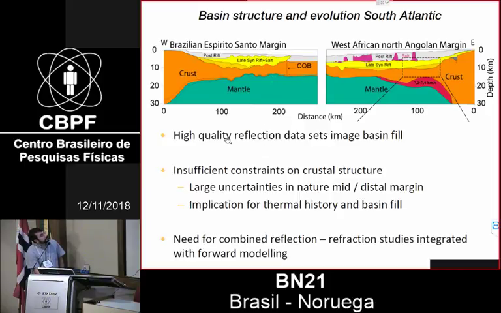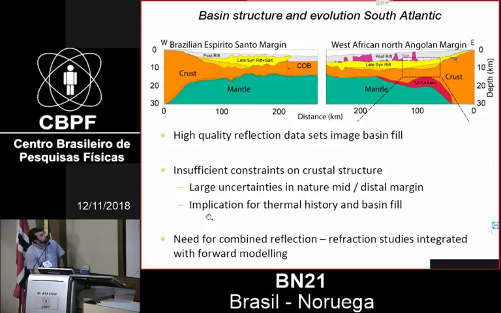And we can have a very nice image of the structures inside the crust in those two sectors related to the high quality reflection data that we have. But we have very little constraint on the crustal structure due to large uncertainties in the nature of the mid-distal margin. And because of that, we have all those problems in interpretation.